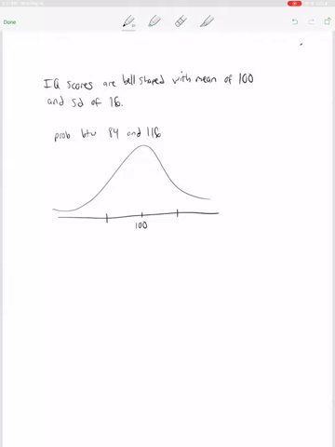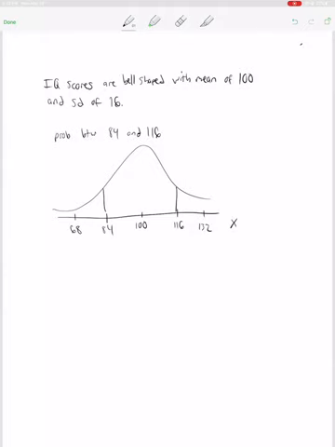If I go up one standard deviation, a little bit to the right is 116, and down here is 84. I can go up to two standard deviations as well. I just put some tick marks; you can think of this as an x-axis line. And I'm asking what's the probability between 84 and 116.